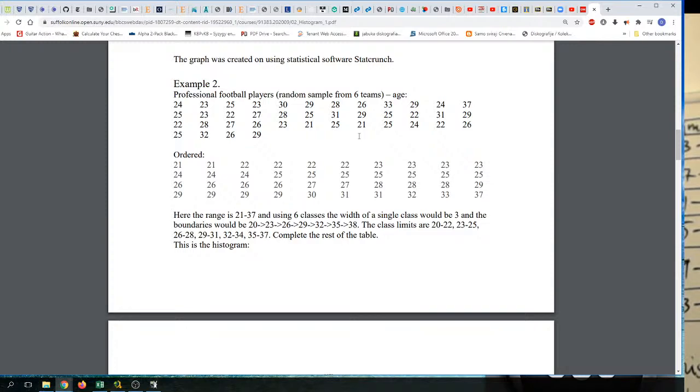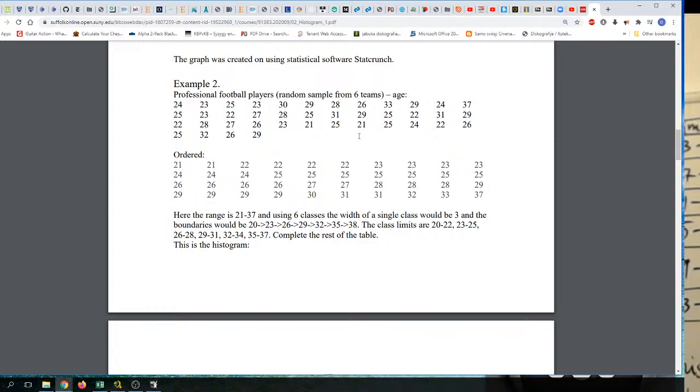This example says professional football players' age. Random sample from 6 teams. So probably a cluster sample, six different things. I don't know how many teams are in the NFL, I don't really know, 48 or 36, something like that. So this is a cluster sample.